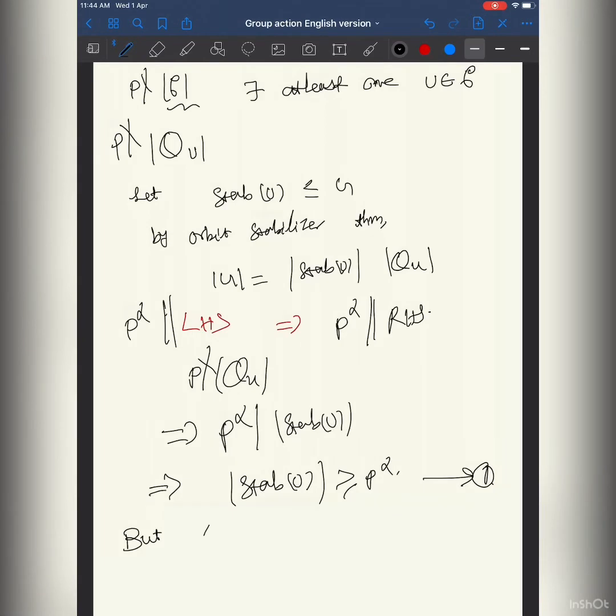But the order of the stabilizer of U should also divide the order of U, because we have seen that in the preparation video.